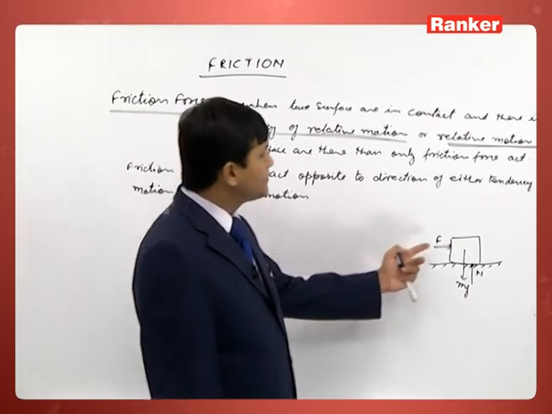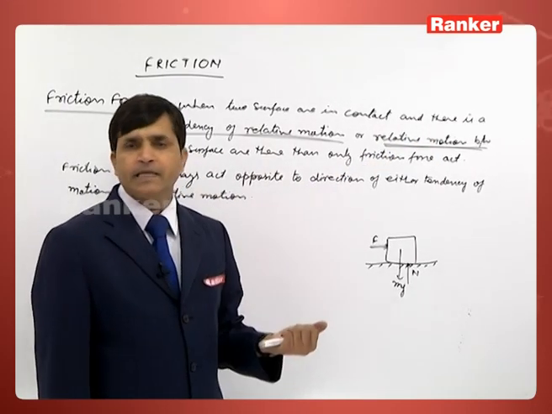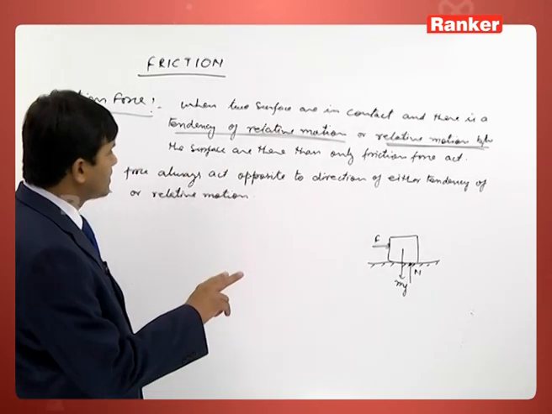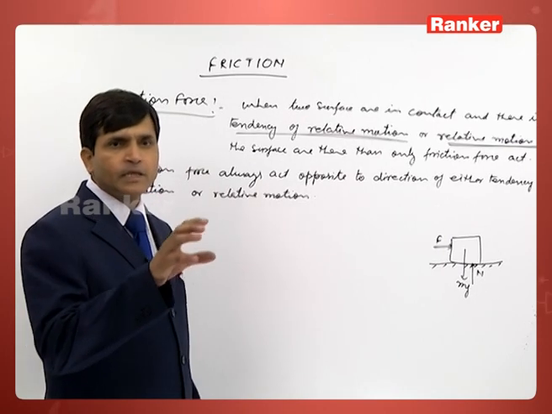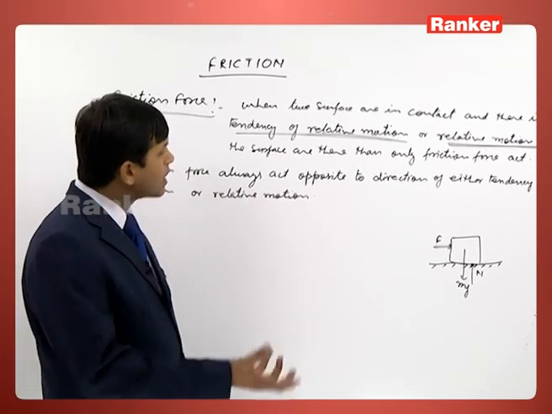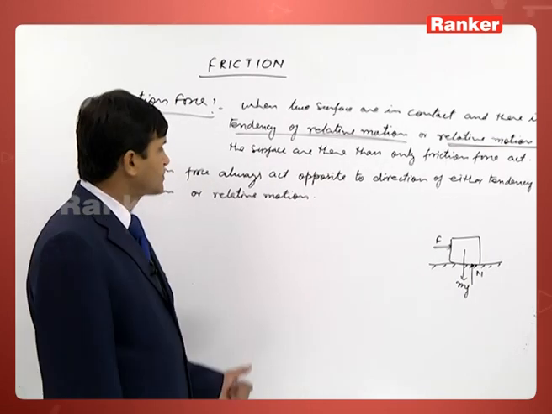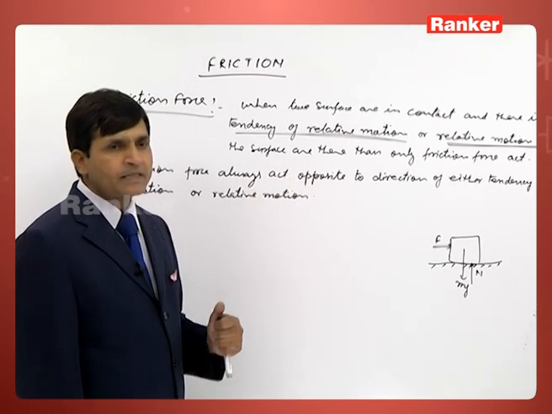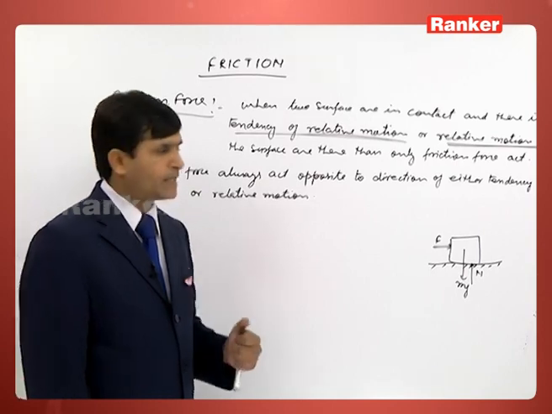And now, if it starts moving, then we can simply say the motion of the body is relative motion. Now it starts moving. So there are always two possibilities, two conditions. One, because of some forces, the body can have tendency of motion, or because of forces, it can have motion also. So now on the basis of these two parameters, we can divide friction force into two categories.